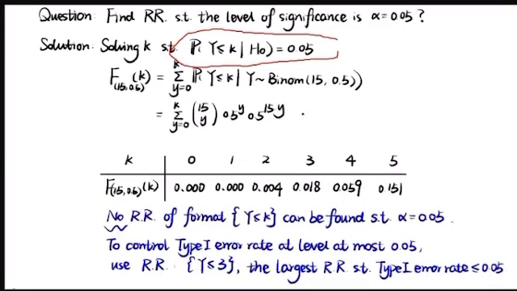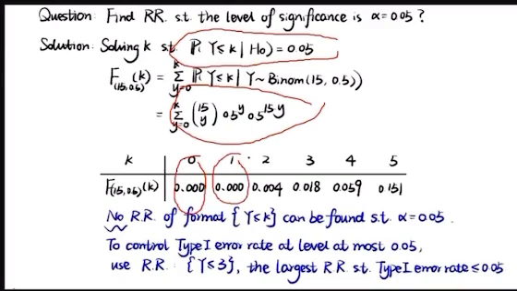Since I don't know the values of k, I can go from 0 and start until I come across a value that will be greater than 0.05. You can use the binomial cumulative where k is 0, where k is 1, where k is 2, where k is 3.